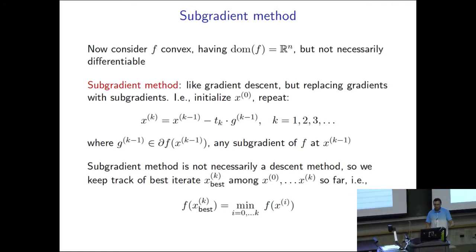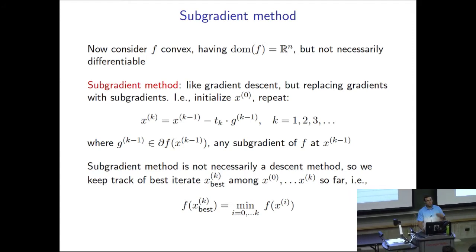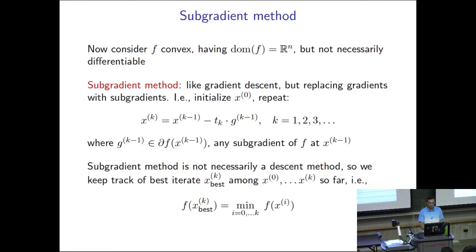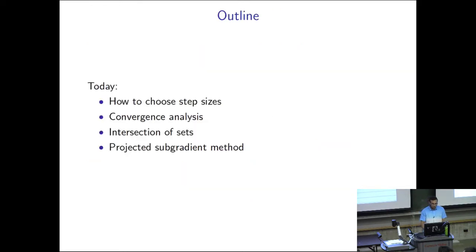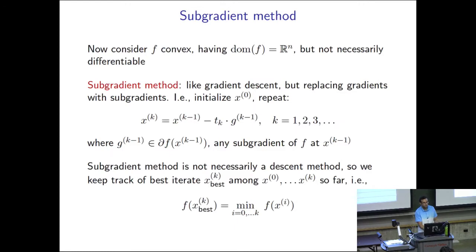So if you had to run it for 10,000 iterations, there was some iterate visited in those 10,000 iterations that had the lowest criterion value, and you saved its identity. So if you were forced to quit, you would report that as your best guess at the solution. So today we'll talk about the subgradient method, and oh yeah, question.